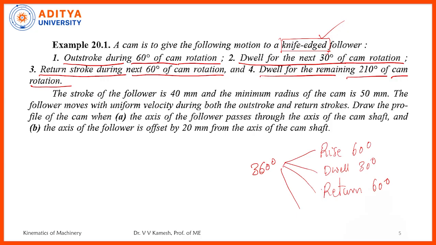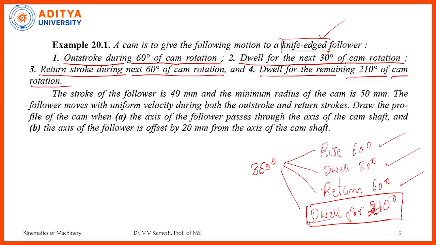The remaining dwell is for the remaining 210 degrees, so this last one is just a straight line we will draw along the x-axis, and the remaining thing is not required. So, 60 degrees, 30 degrees and 60 degrees. Now, this is for 360 degrees of the cam rotation, and this is the knife edge movement. So, this is one part.